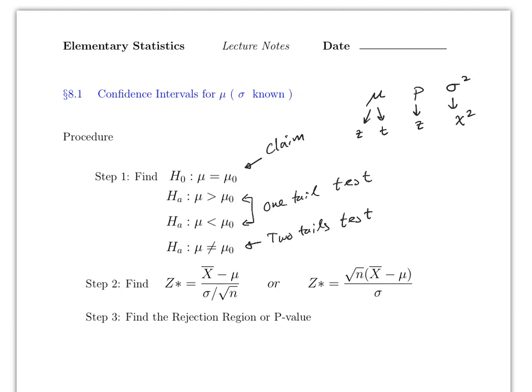When it's a one-tail test, we're going to use alpha, the exact same alpha since chapter 6. And if it is two tails, we're going to do alpha over 2, just like you did in chapter 7, where alpha was always divided by 2. So the part that is new, completely new right now, is step 1, because you have never seen something like this.